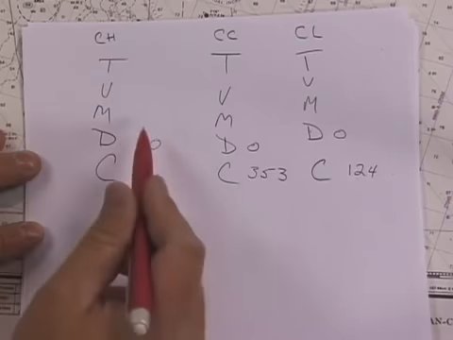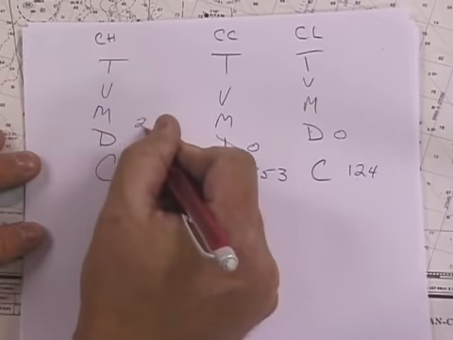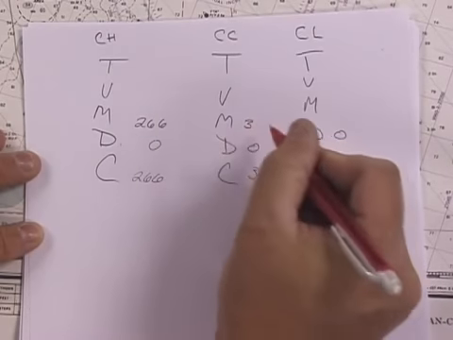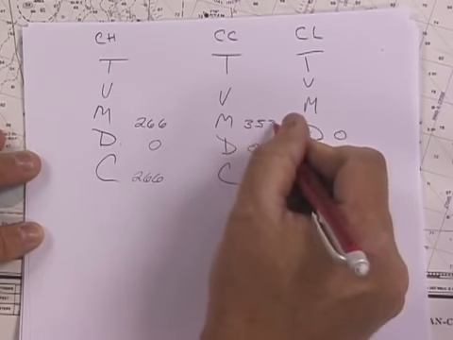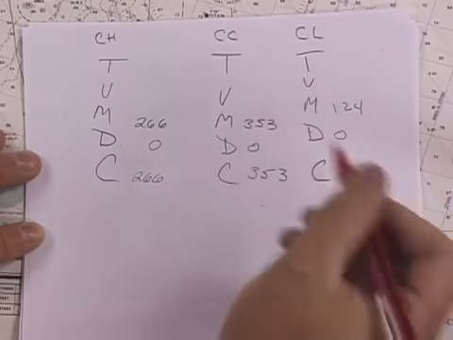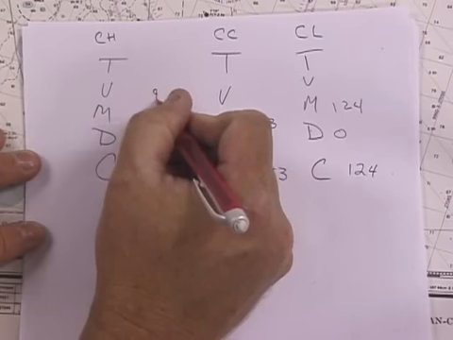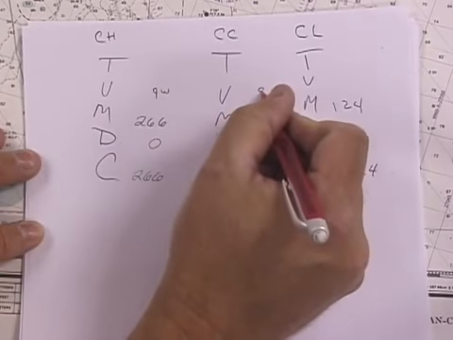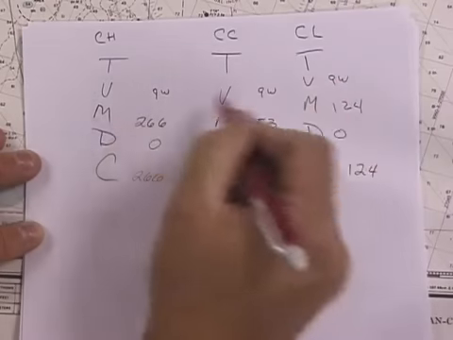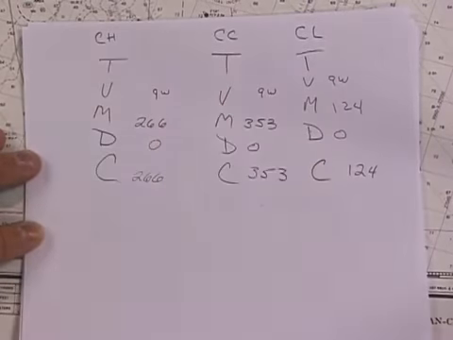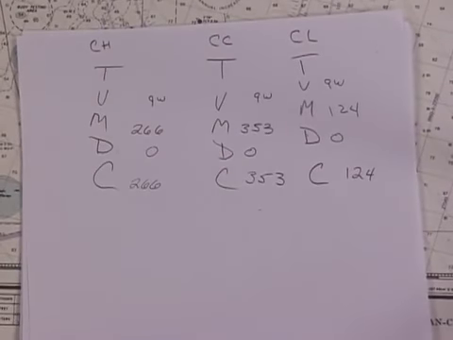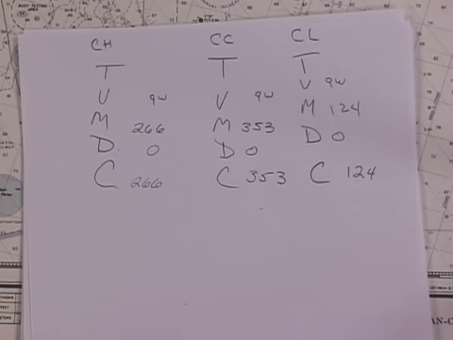Now I'm going up, so I don't have to worry about deviation. This is 266 magnetic, 353, and 124. Our variation, Chesapeake Bay, remember, is 9 west. And see, it works across. So I'm going to work each one of these.